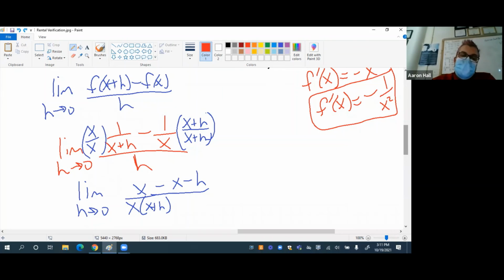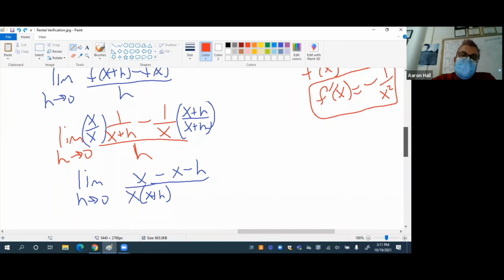Well, we factor the bottom and we account for the x in memory. Yeah, these cancel out right here. X minus x is just 0. That's gone. And so I'm left with the limit as h approaches 0 of negative h over x times x plus h.